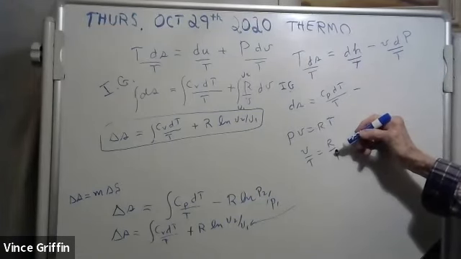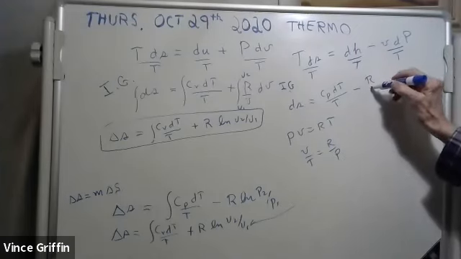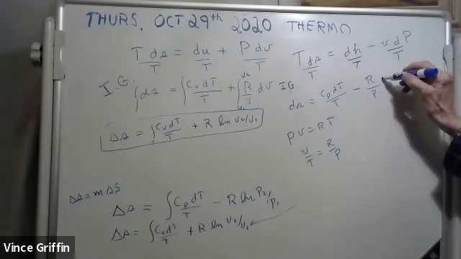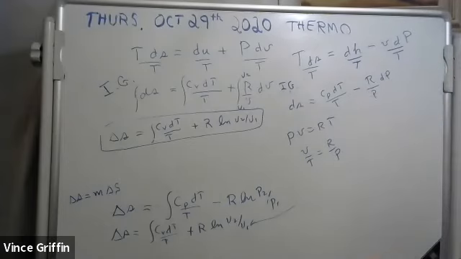Can you make it? Okay. So V over T is equal to R over P dP. So far, so good.